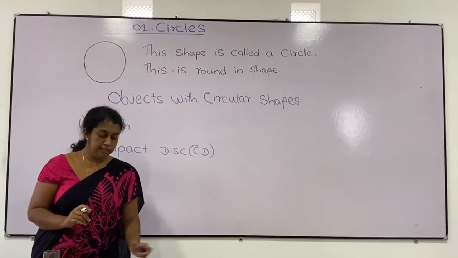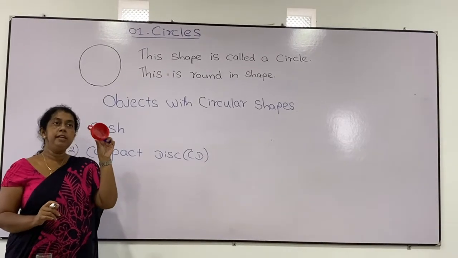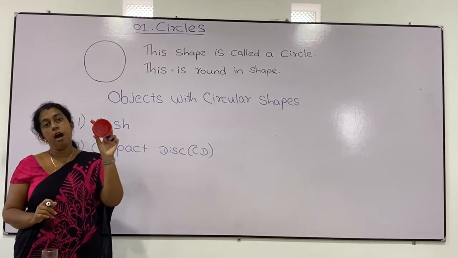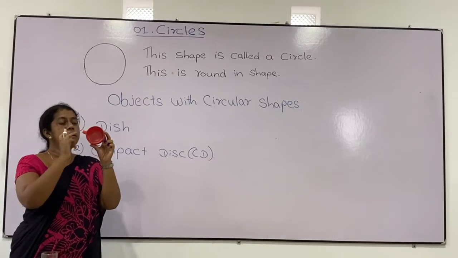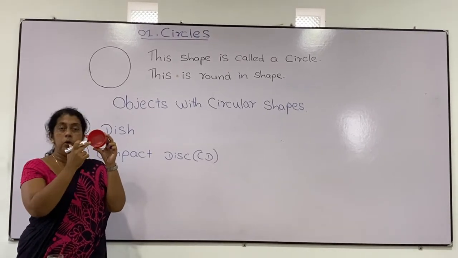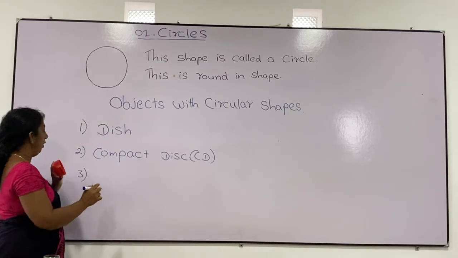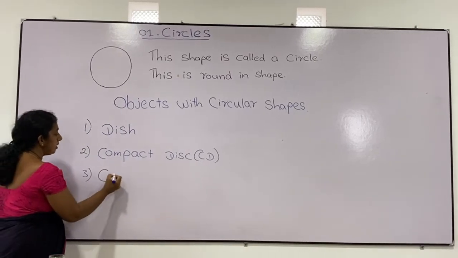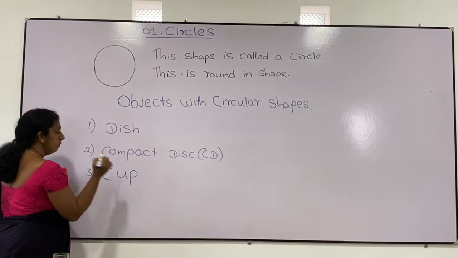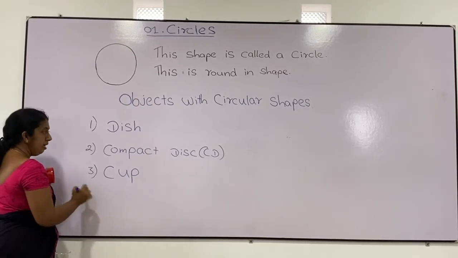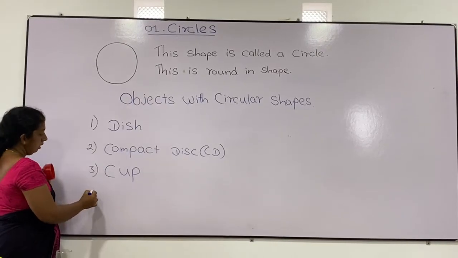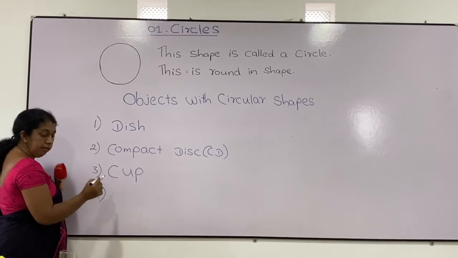We shall consider another one. You can see what is this? This is a cup. So, you can see a cup also has a circular shape. So, we can say the next one is a cup. Right? Then number 4, another one you can write.